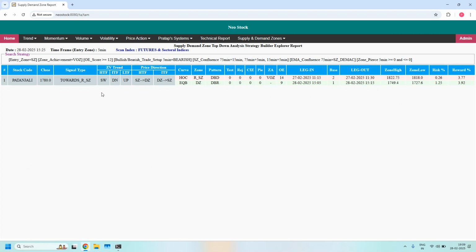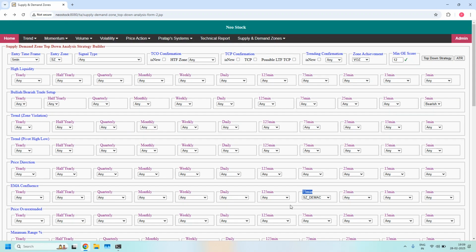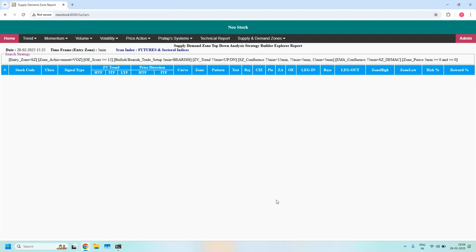But it is a sideways trend, so we can't use it, because we didn't eliminate the sideways filter. Actually, in the 75 minutes trend, it should not be sideways; it can be up or down. Now we won't get any stocks. So that means none of the stocks are having EMA confluence at HTF time frame. So this is the bearish trade setup for hourly income trade.